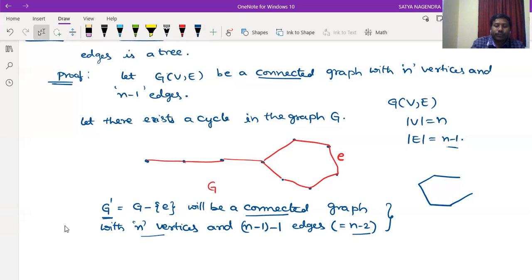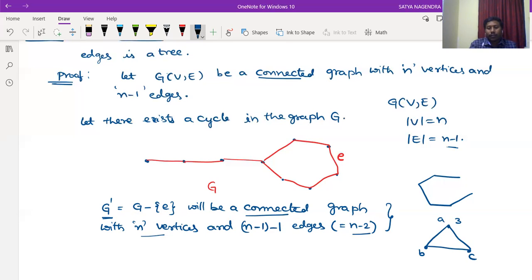So see this one, a simple graph I am taking, a connected graph with 3 vertices: A, B, C. This is a complete graph and it is a connected graph also, no problem with that.